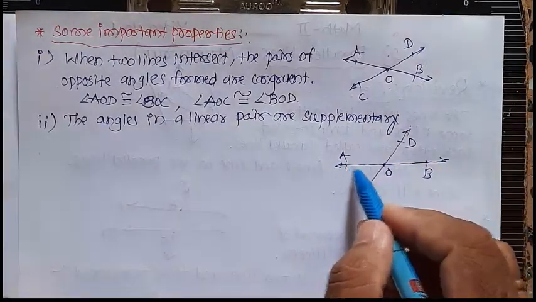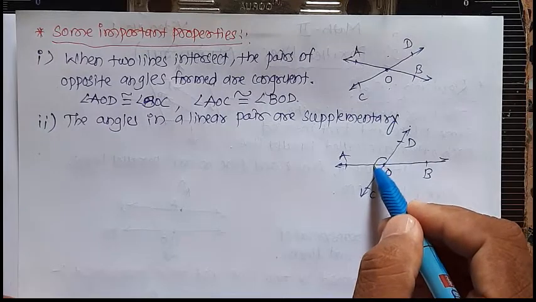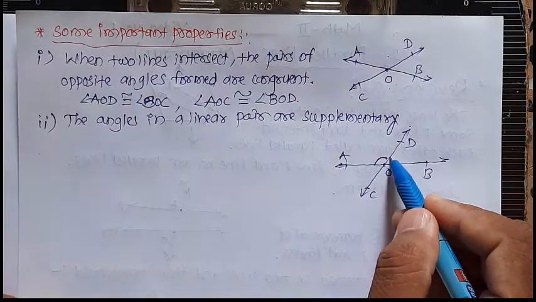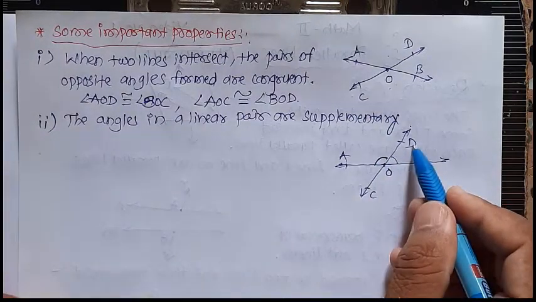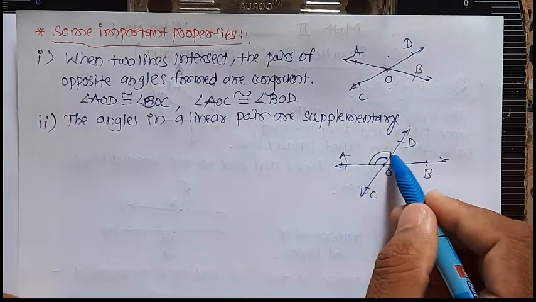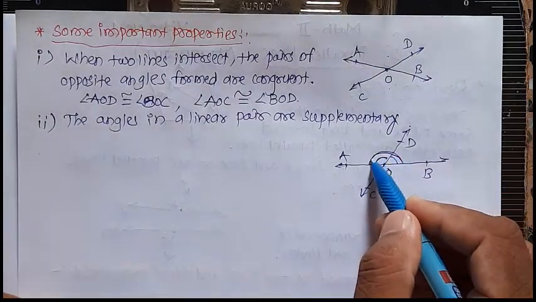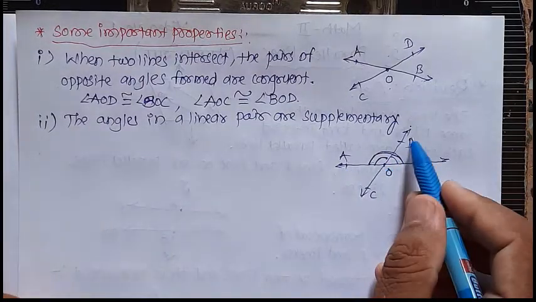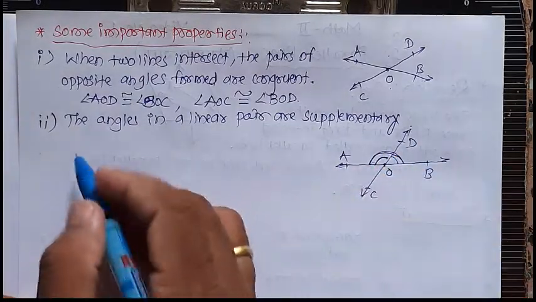If you take angle AOD, its linear pair angle will be BOD, or we can say AOC also. The sum of these two angles is 180 degrees, so we say these two angles are in a linear pair.